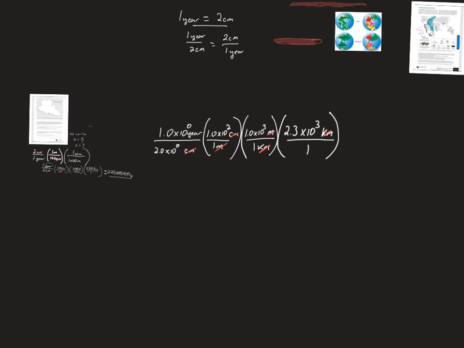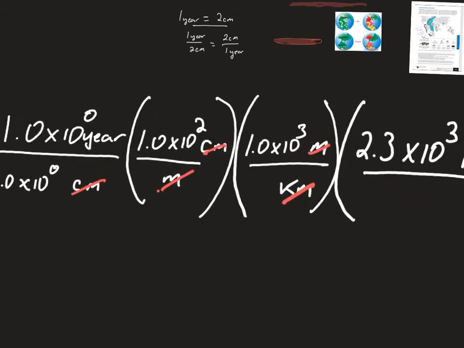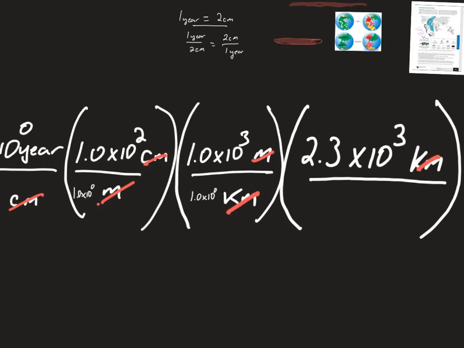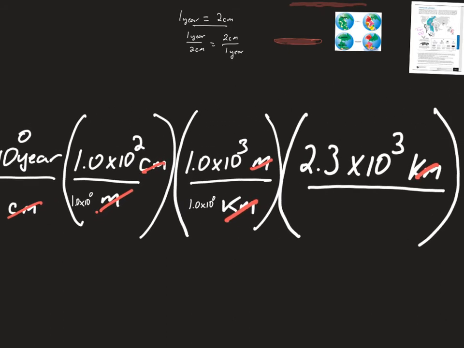And by the way, I made a mistake here again. All these ones should be, let me go ahead and zoom in and write it very small. All these ones should be 1.0 times 10 to the 0 power, 1.0 times 10 to the 0 power, and this should be 1, just to be accurate.